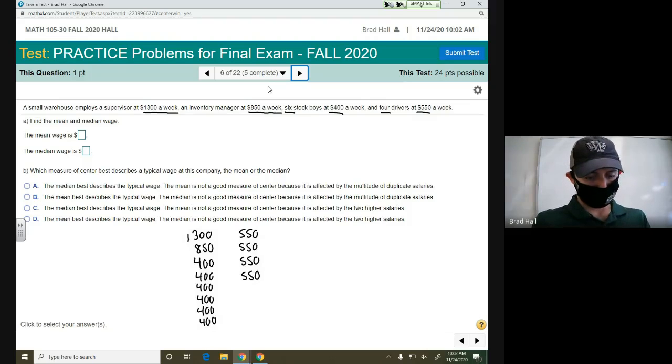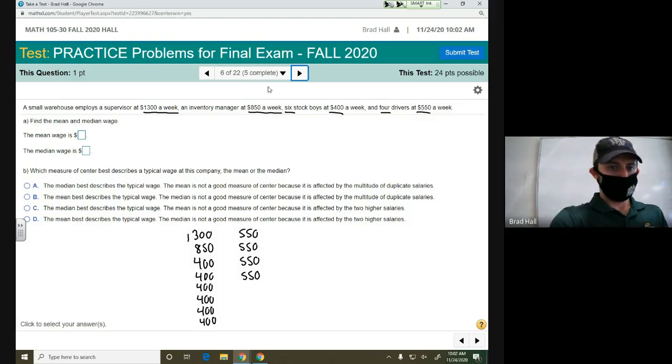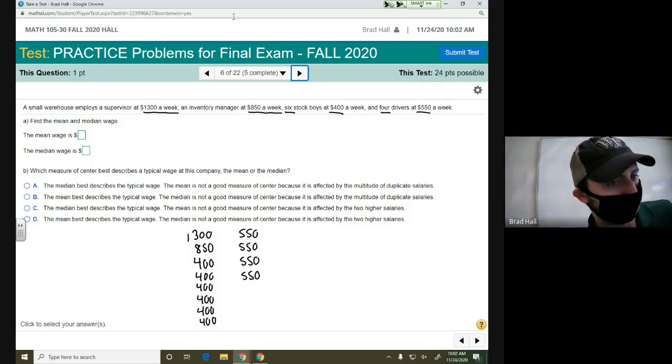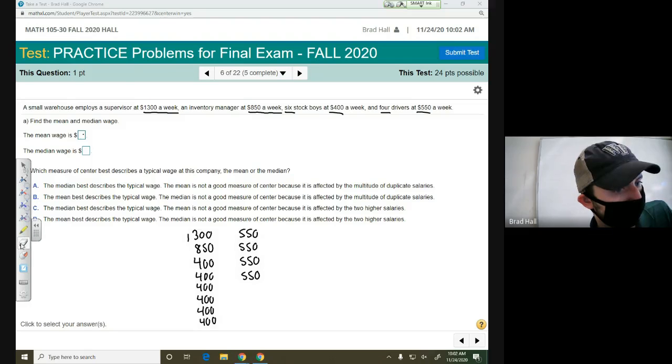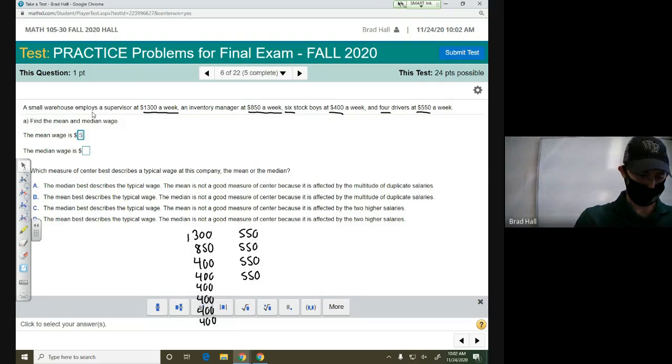1,300, 850, 400, 400 again, 4, 5, 6, and then 550 four times. And if you put everything in your calculator correctly, the mean wage is 562.5.